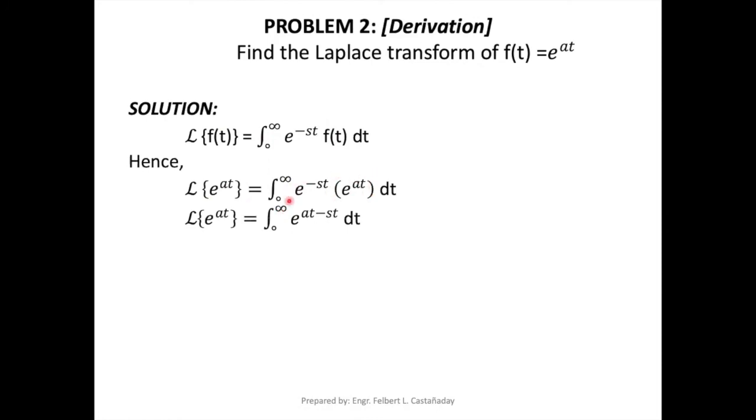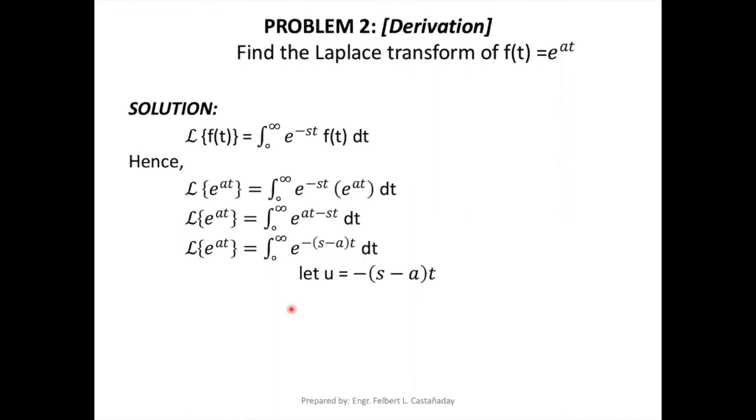Since these are exponential functions, we can rewrite this into one exponential form, which is e raised to at minus st, just using the law of exponents. And then factoring out negative t in the exponent, we have e raised to negative times the quantity s minus a times t with limits from 0 to infinity.